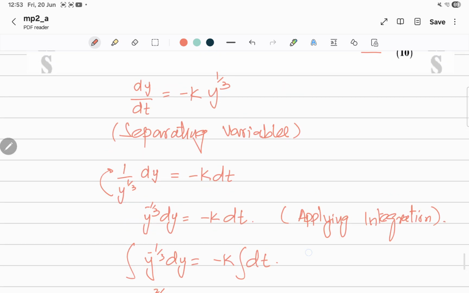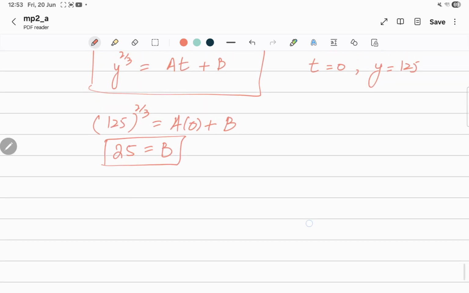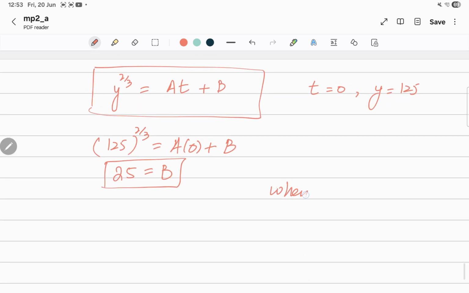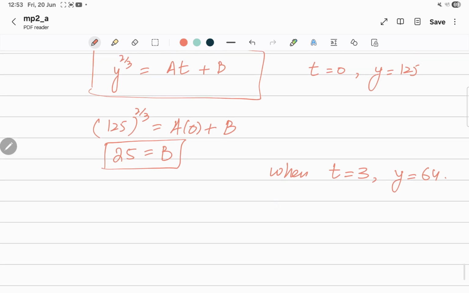So if we use the other condition from the question, which is when t is 3, y is 64. If you substitute these conditions again, you need to replace y with 64 to the power 2 over 3, and a times 3 plus b, which we already worked out, and we can replace b with the value 25.